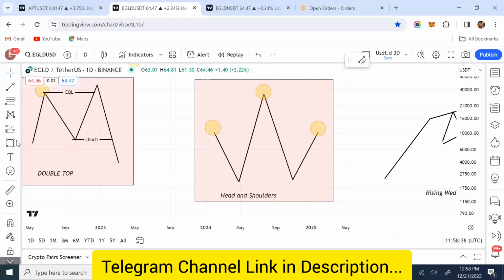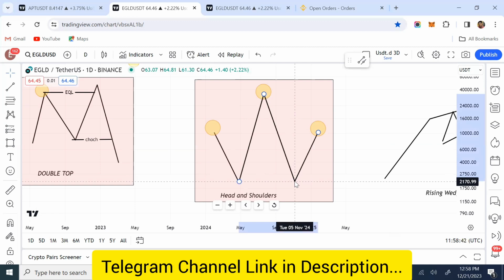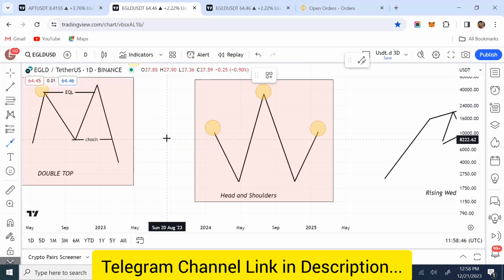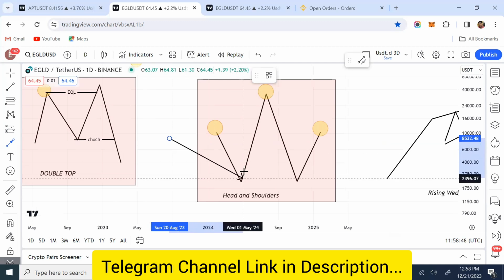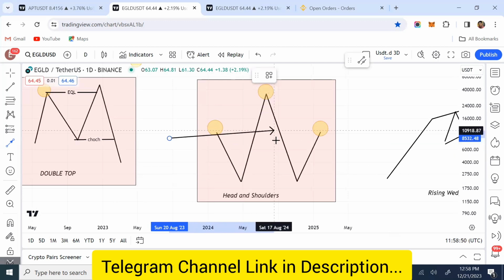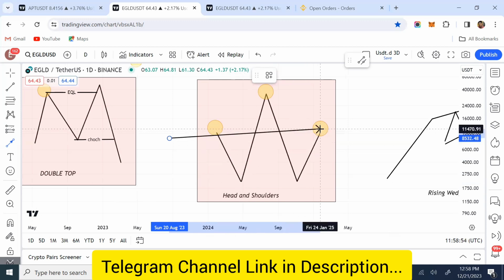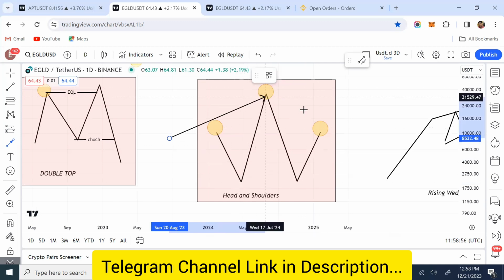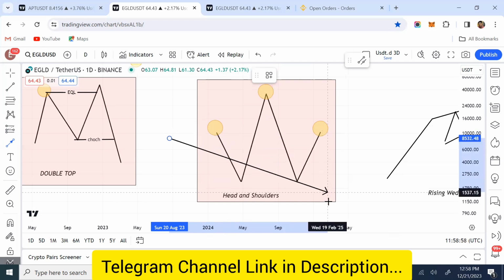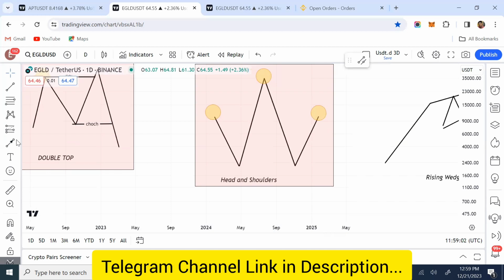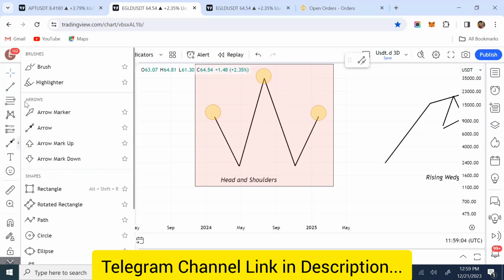Now, at some point in time, these lows are going to be broken. The dynamics behind this is that as price begins an uptrend, we make equal lows. Price goes back again, could not break this high, and then price eventually begins to fall. So that is what we call head and shoulders.